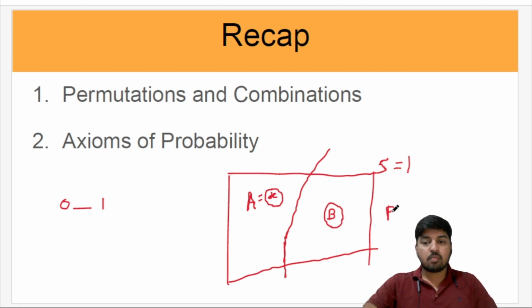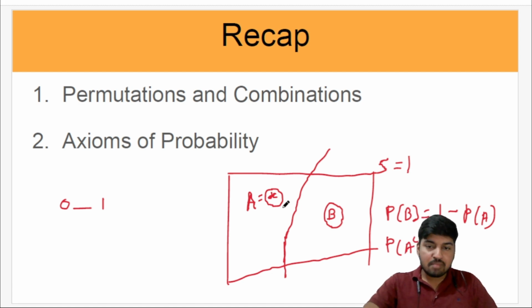It is simply probability of B is equal to 1 minus probability of A. Many times, this is also called probability of A complement, because it completes the whole picture. So event B is a complement of event A.